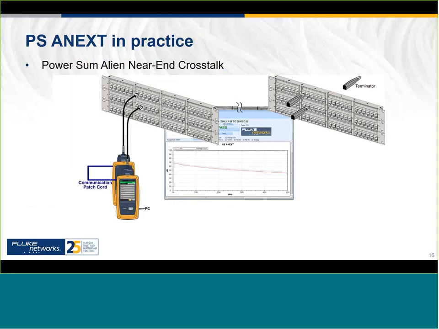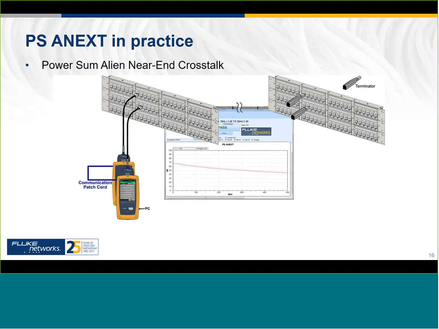So here's my patch panel. I've got my software running. My software on the laptop is controlling my field tester. I have a DSX8000 sitting there. The DSX8000 is connected to that victim link, as you can see. And I'm starting with the adjacent connectors above.